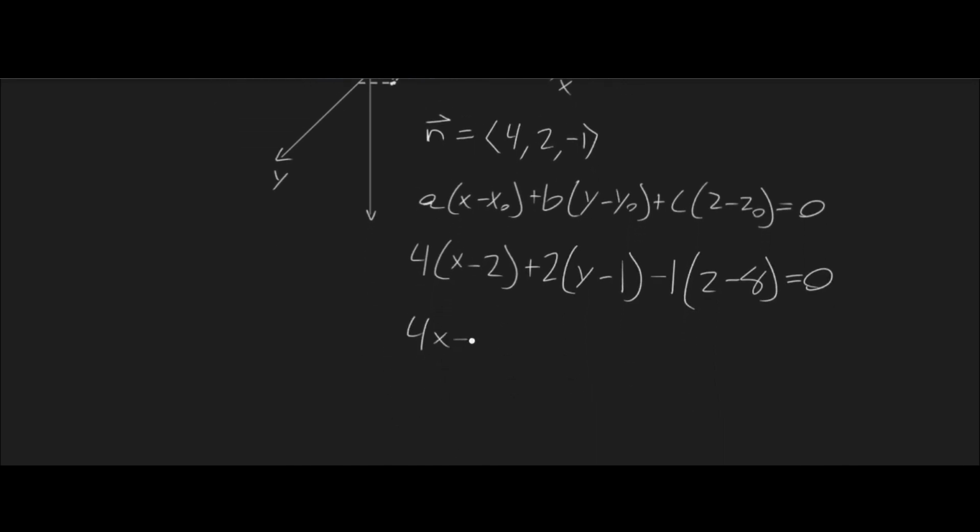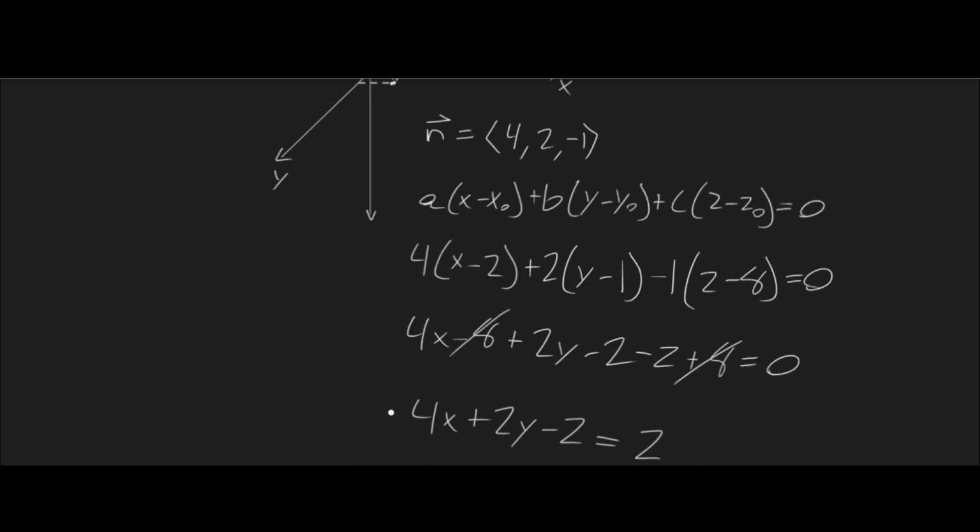We get 4x - 8 + 2y - 2 - z + 8 = 0. And then we're going to move all the constants over to the other side. So the equation for the tangent plane is 4x + 2y - z equals, so we'll move the 8. So this 8 and this 8 cancel out, and we're just left with 2. And this is going to be our equation for the tangent plane.